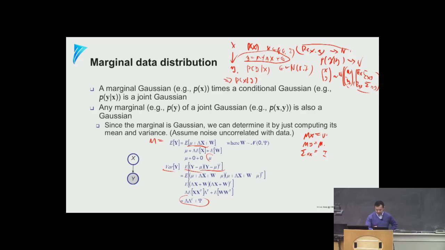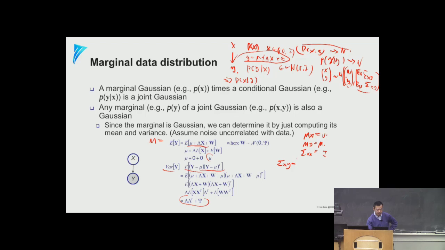Maybe let's write something that is not on the page so that I can make sure you understand. What is the covariance of x and y, just by definition? Let's literally copy the definition.